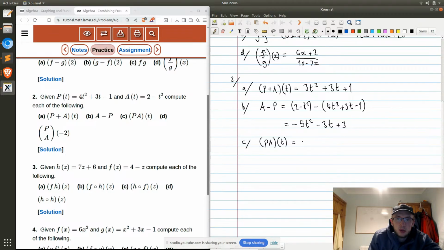So for that, we just write the definitions of the functions next to one another in brackets and expand and simplify if we can. That's officially what to do for function multiplication. And in this case, of course, we can actually expand and simplify things. So it'll be negative 4t to the 4. Now, to not risk making mistakes, it's better to just expand and multiply everything by negative t squared first.